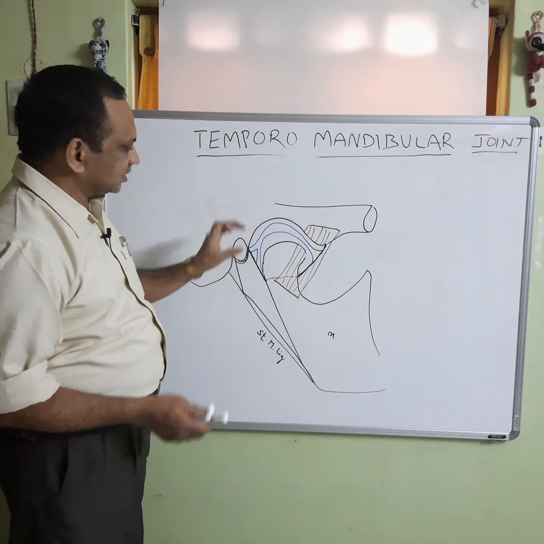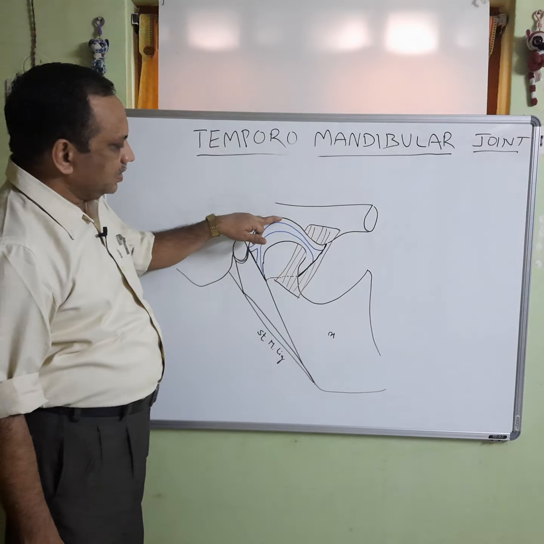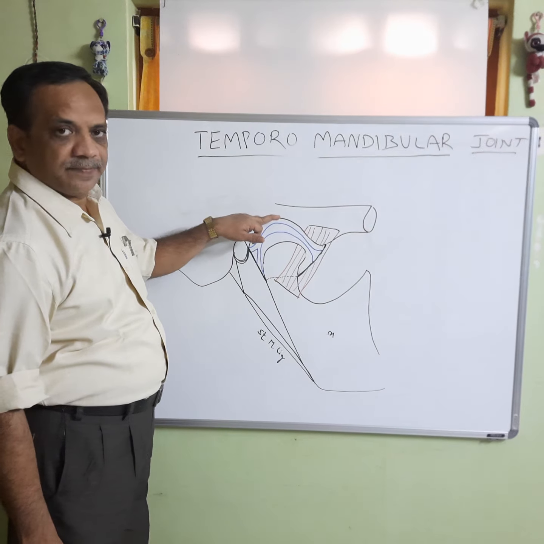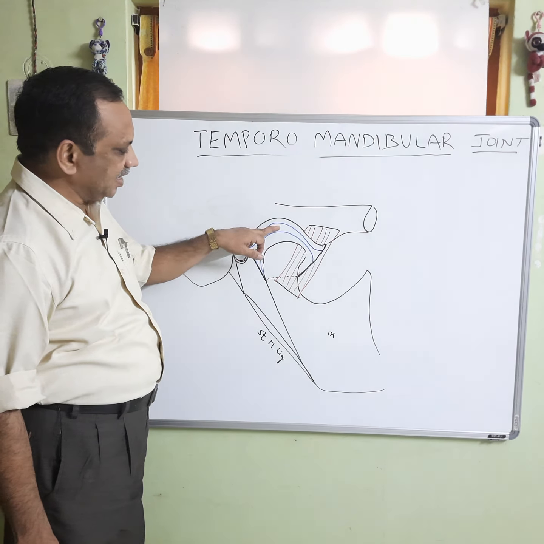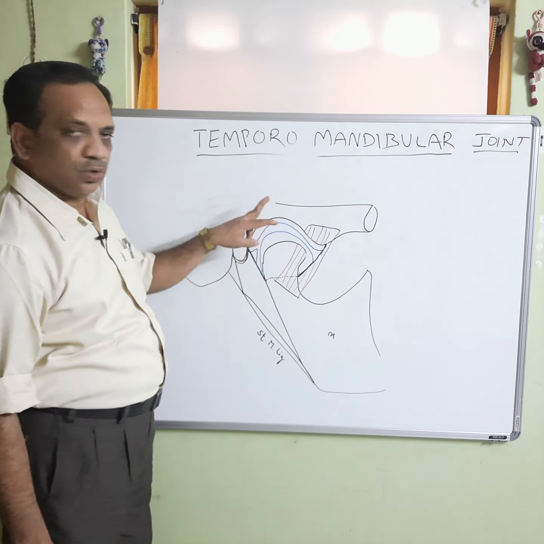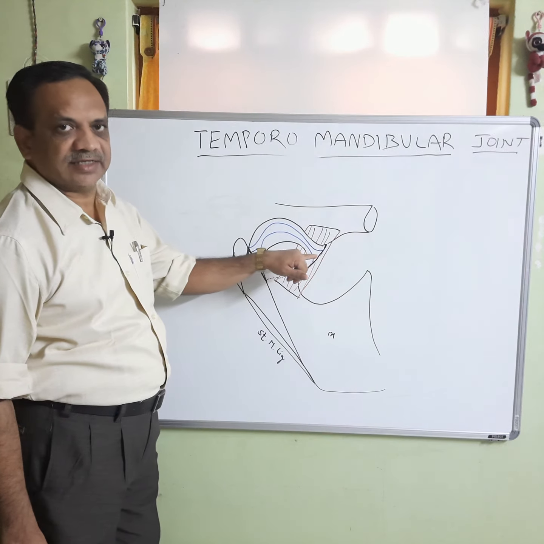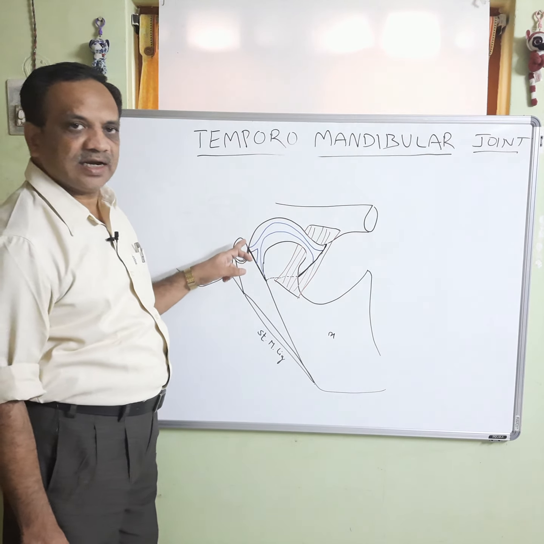This separates the joint cavity into an upper meniscotemporal compartment and a lower meniscomandibular compartment. So there are two compartments in this joint by means of this articular disc. This also acts as another ligament.